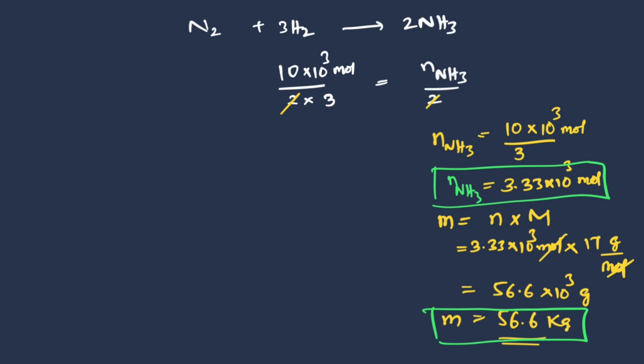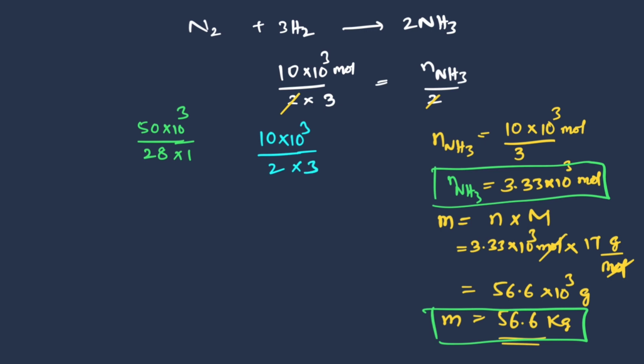That is, we know that moles of nitrogen is 50 into 10 power 3 by its molar mass 28, divided by its stoichiometric coefficient 1, and hydrogen moles are 10 into 10 power 3 divided by its molar mass 2 and its stoichiometric coefficient is 3.